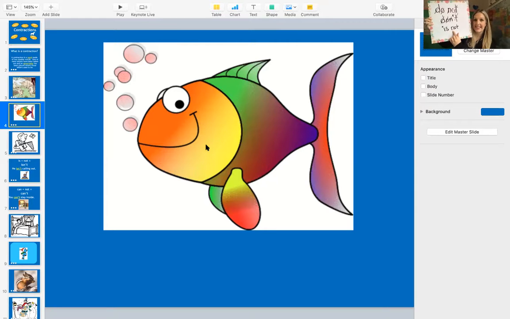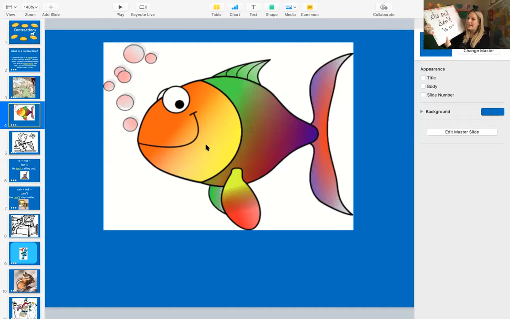Is not. This fish is not one color. It's a lot of colors. It's a rainbow. So instead of saying is not, we can turn these 2 small words into a contraction. We can say, this fish isn't one color.